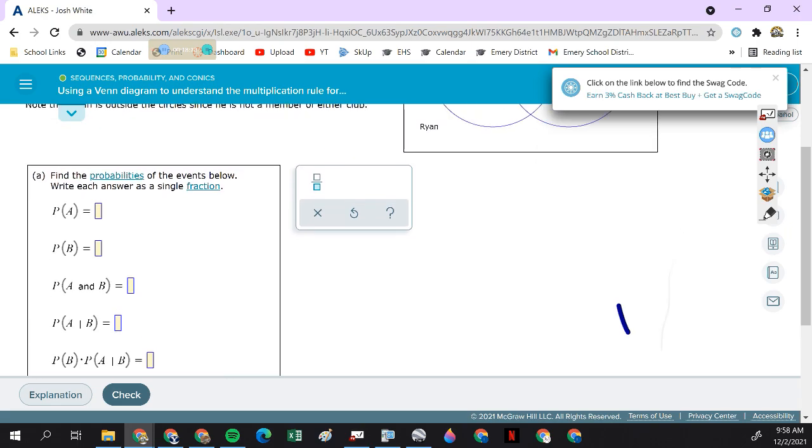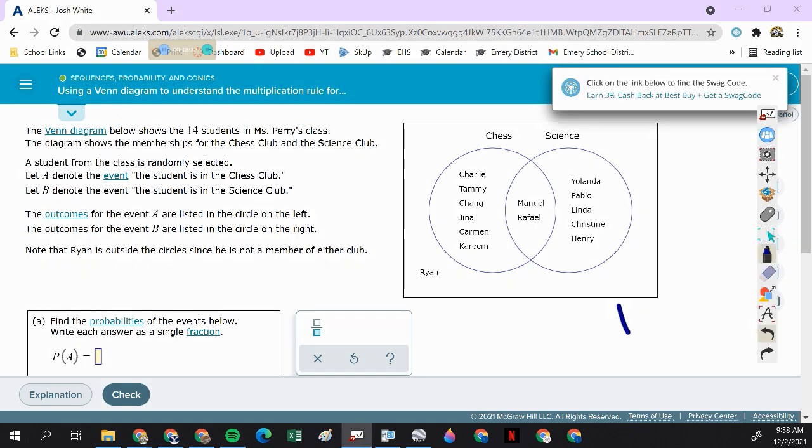So what is the probability that somebody is in the science club? 7 out of 14. What is the chance that the second person is in the chess club if you know that they're in the science club? That would be 2 out of 7, and you multiply those together. Okay?